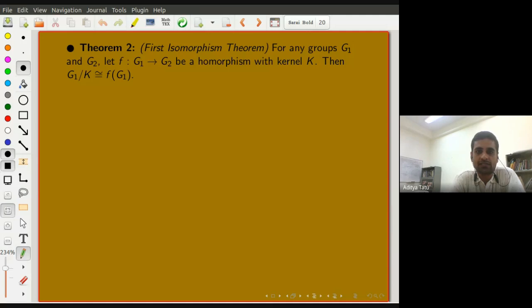Let's say K is the kernel of this homomorphism. And we showed in the last class that the quotient group of G1 with the kernel K is isomorphic to the range of your homomorphism in the group G2. Okay, any doubts with this?